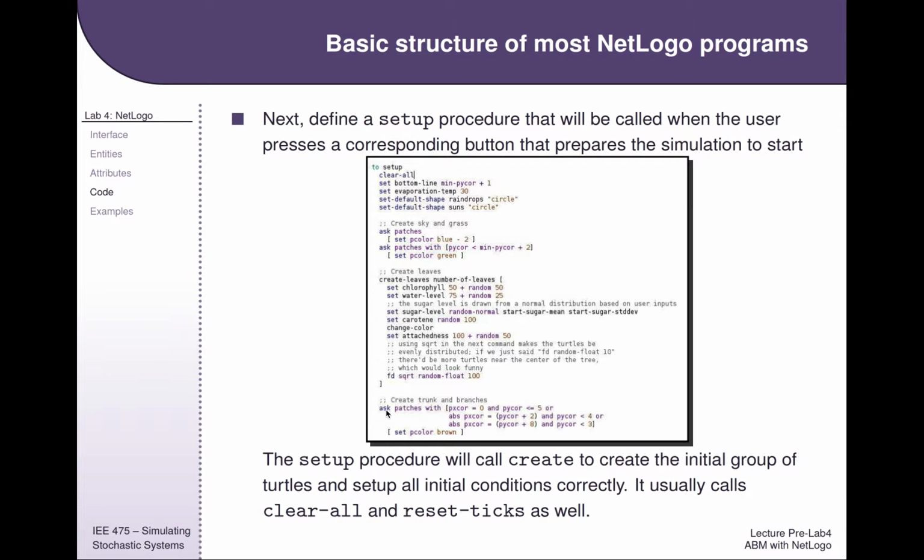And then for the branches, the tree, they're actually modeling that as patches. There are patches located on the trunk, and patches that are off the trunk.